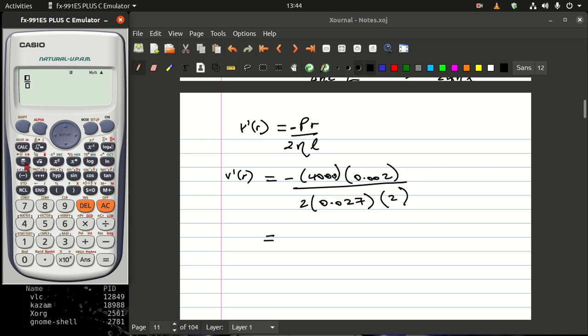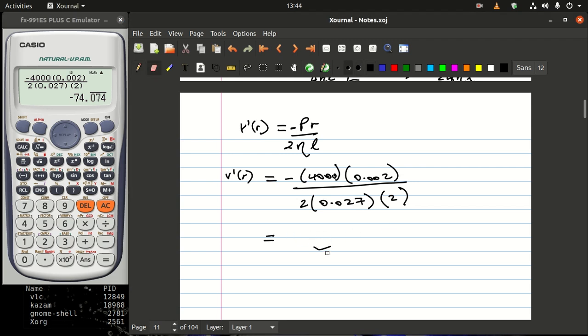So we're actually having here minus 4000, and then I multiply by 0.002, and then I divide this whole thing by 2, and then I divide by 0.027, and then I am multiplying that by 2, and then we get something there which is actually negative 74.074074, and then it continues, or simply I'm going to just take the approximation of this.